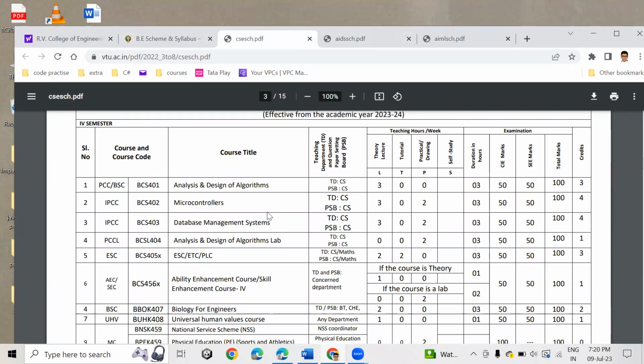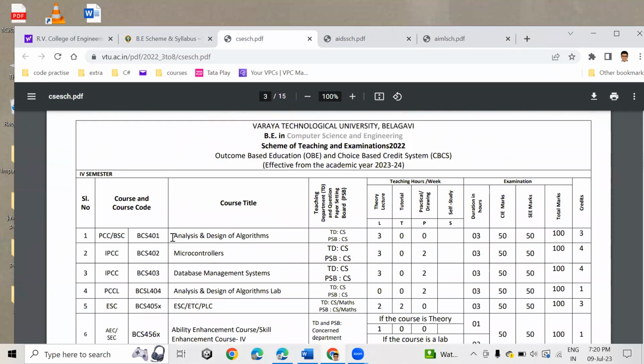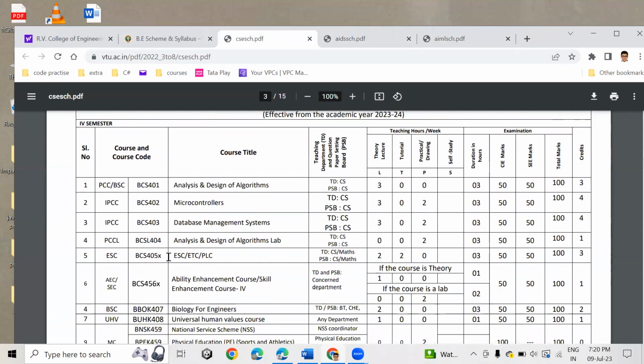So here in the fourth semester of CS, only CS, we have ADE, microcontrollers, database management systems, analysis and design of algorithms, and again some optional subjects here.